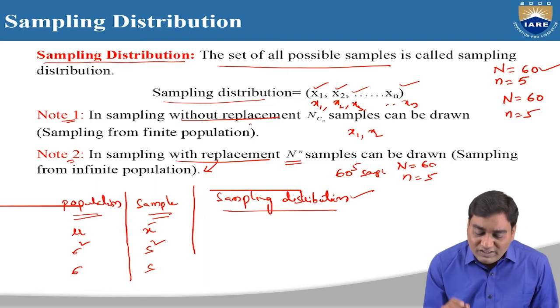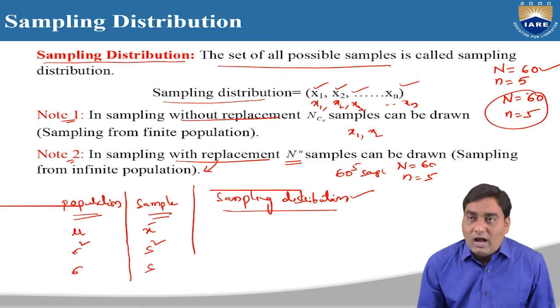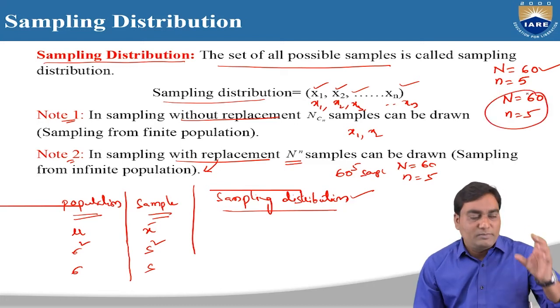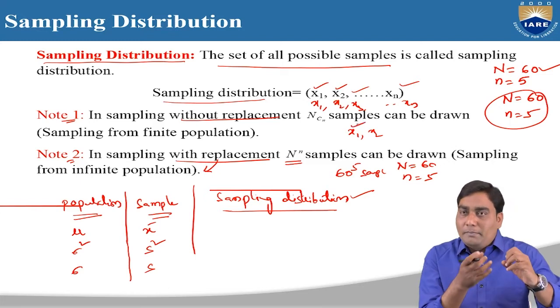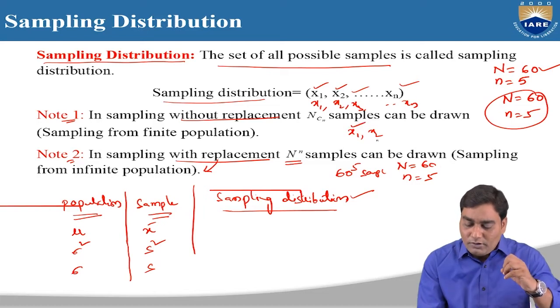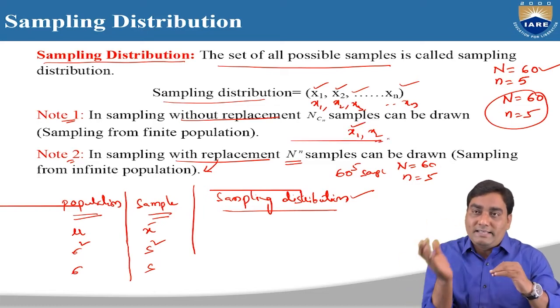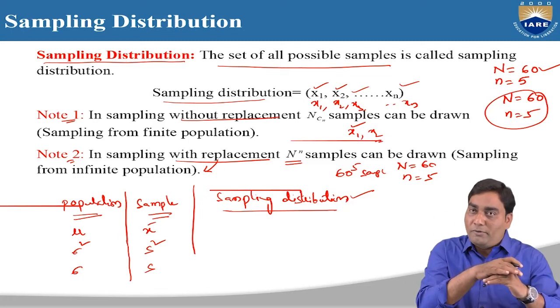Suppose in sampling without replacement, in the same case, I want to choose 5 students from the population of 60. I choose 5 students, that is x1. Before choosing the second sample, I am not going to replace the first sample into the population.